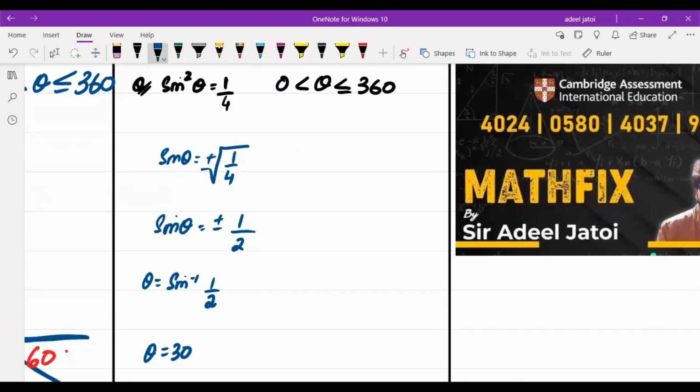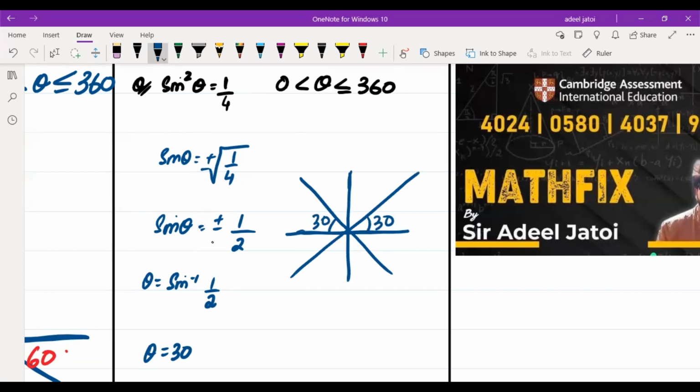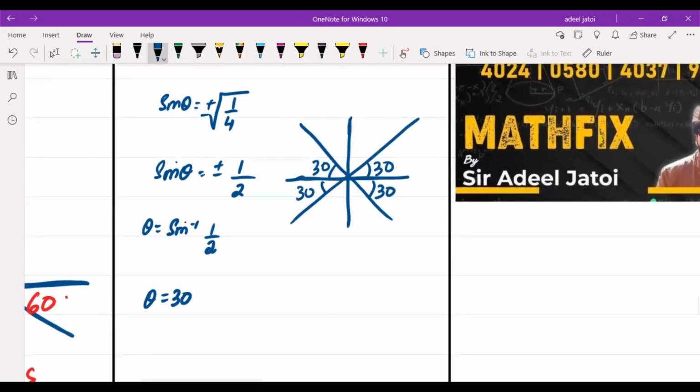But looking forward to one particular thing, that it is plus minus. What does plus minus mean? That the quadrants that you will be considering will be positive and negative as well. Your basic angle should be 30 in each case. That means your answers will be theta is equal to 30.